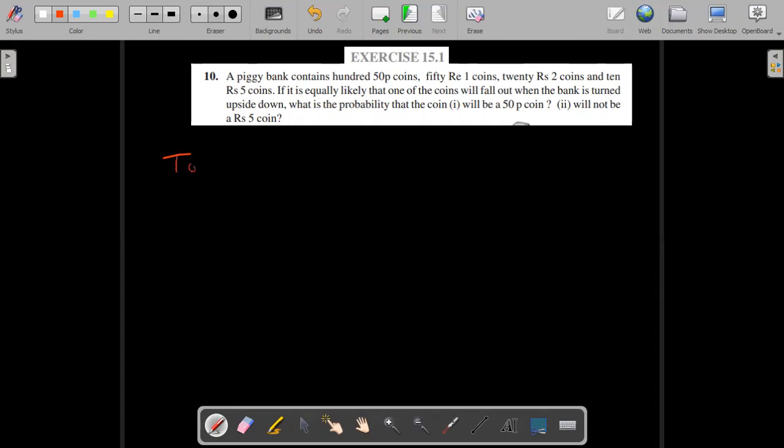So we have 100 coins of 50 paisa each, then 50 coins of 1 rupee each, then 20 coins of 2 rupees each, then 10 coins of 5 rupees each.